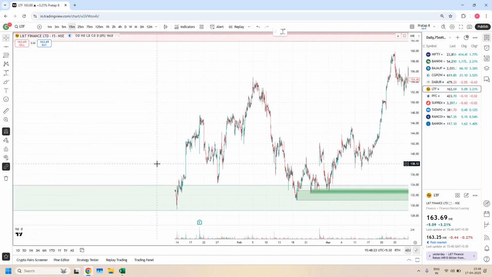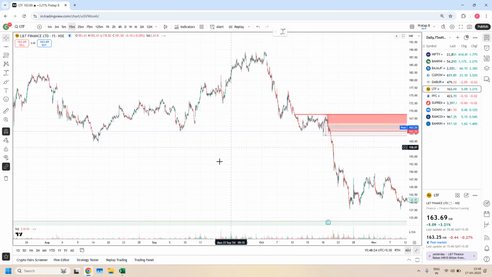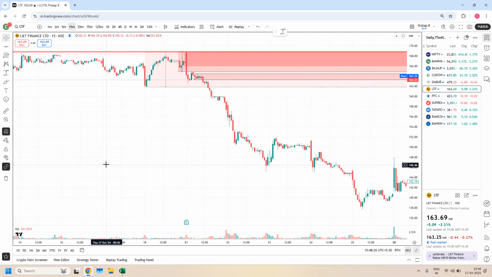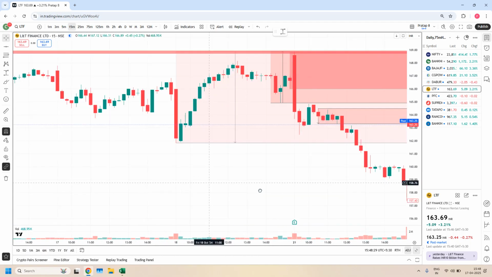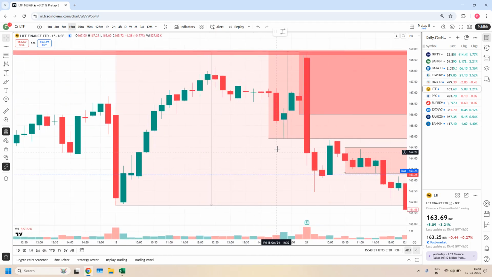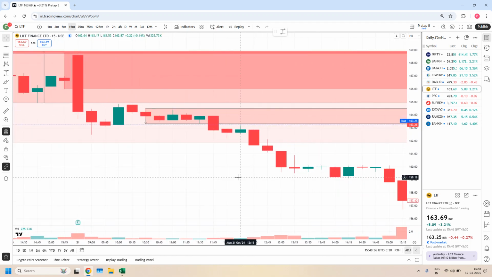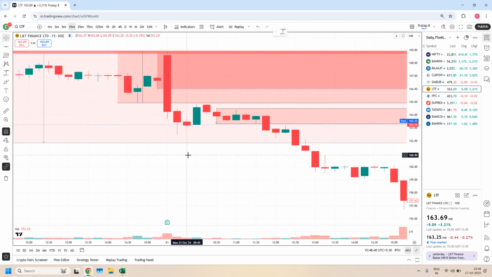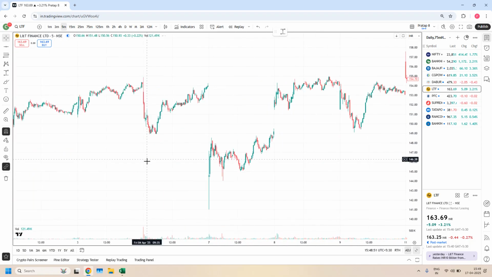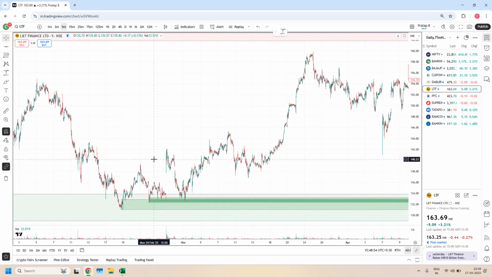That's why we left it previously. One, two, three, four, five, six candles and drop. Maybe I'm not convinced with this leg out, or maybe the 5-minute structure may not be good, so I would have left it.